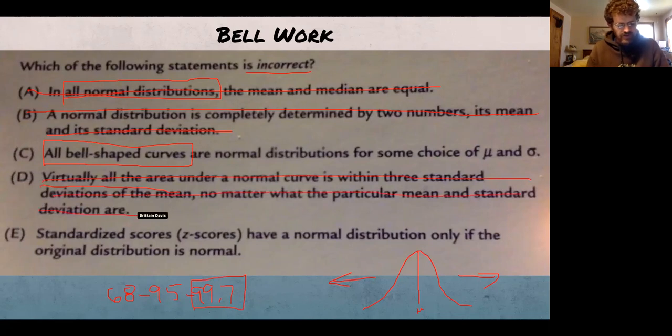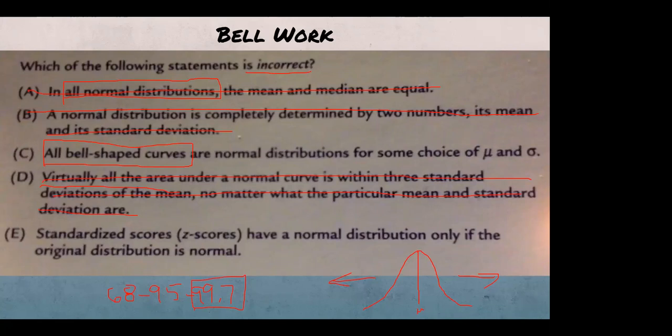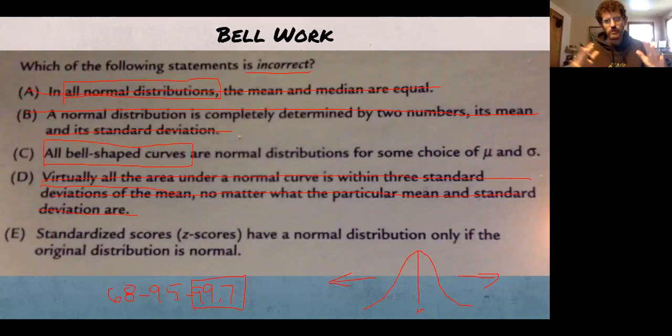And the last one, standardized scores, z-scores, have a normal distribution only if the original distribution is normal. Remember, your z-score just transforms the data, transforms the distribution. It will basically shift everything over and then change the standard deviation based on whatever we multiply by. So when we subtract the mean, we're shifting it.